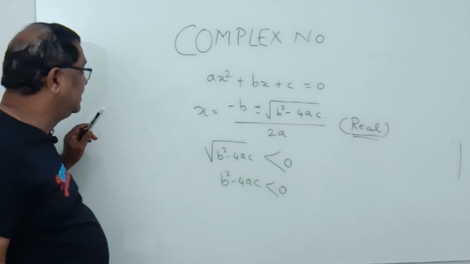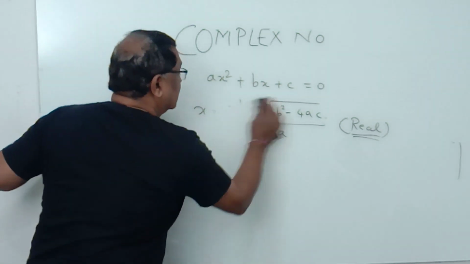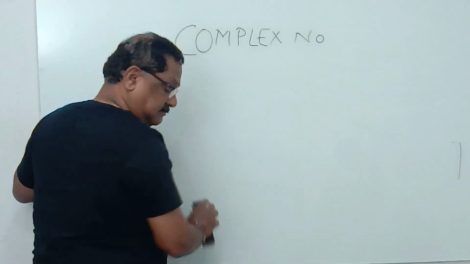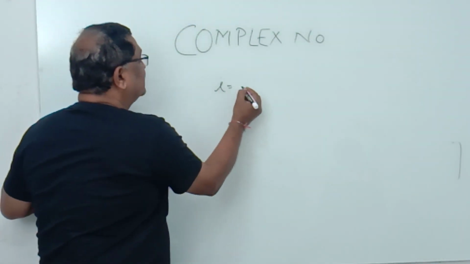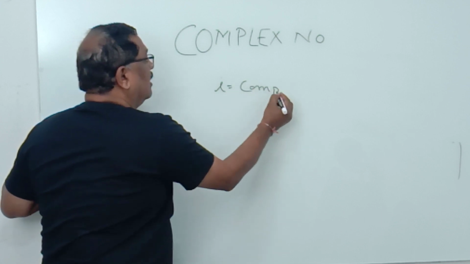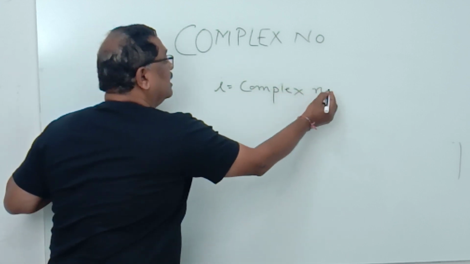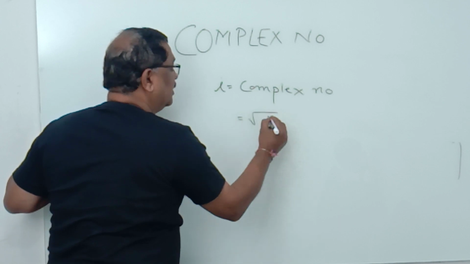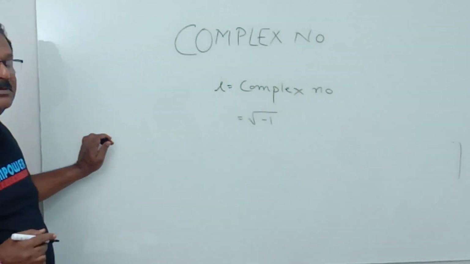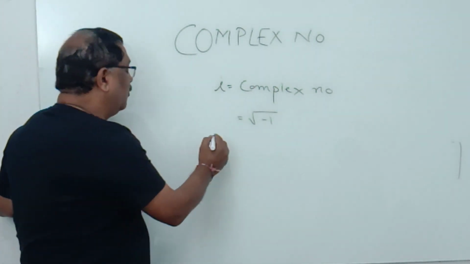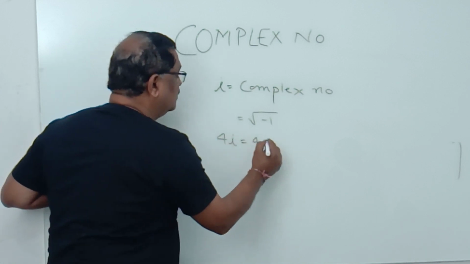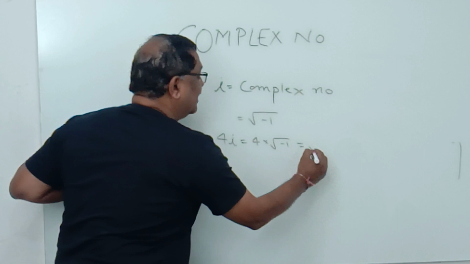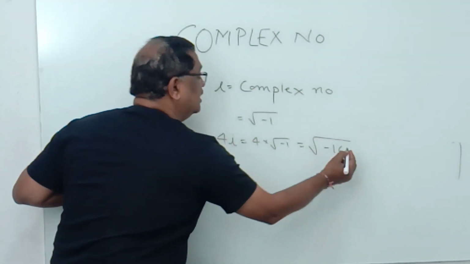Now a complex number is simply I, whose value you take as root minus 1. So if I say 4i, it is nothing but 4 into root minus 1, which you can say as root of minus 16.